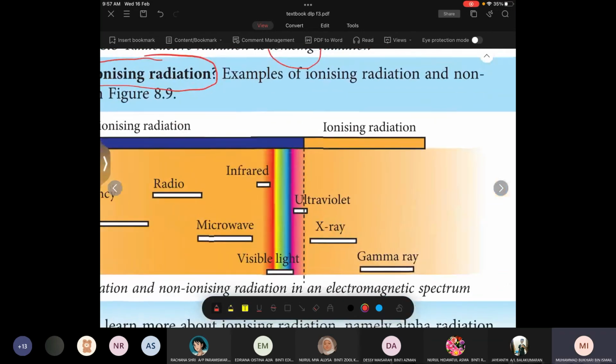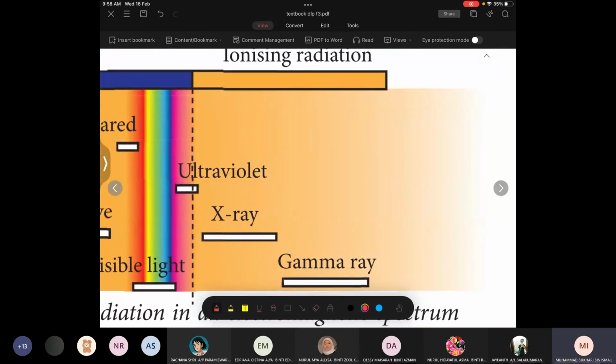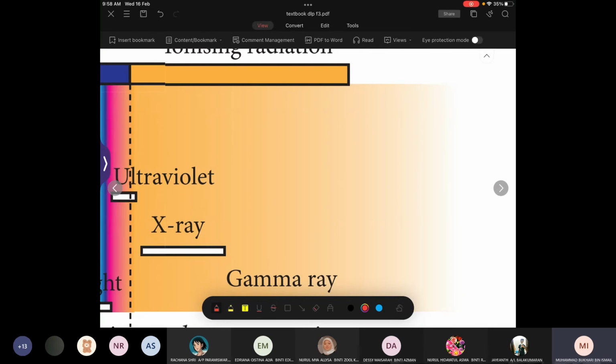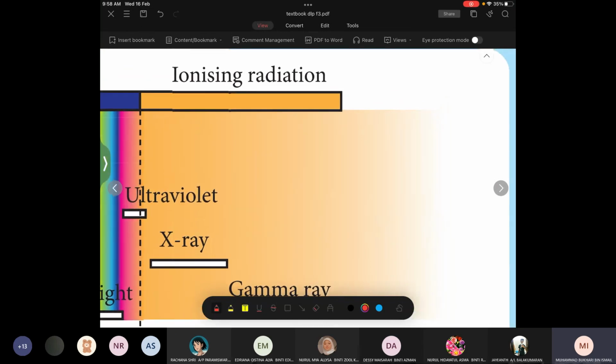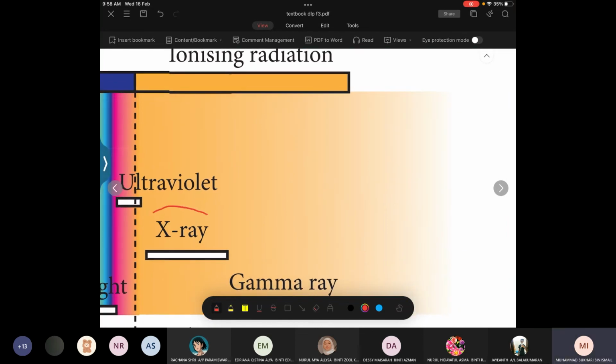What about ionizing radiation? Okay, ultraviolet, X-ray, and gamma ray are examples of ionizing radiation. You can see here X-ray.